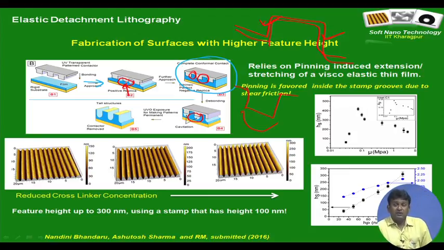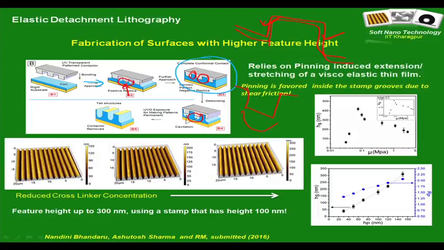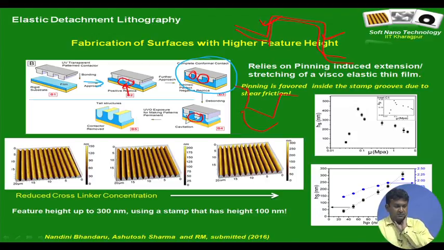So, with a pattern contactor, in principle you can create tall structures, which I have not discussed, but you can imagine that one can do that. But there is also some difference in the pathway between bonding and debonding.